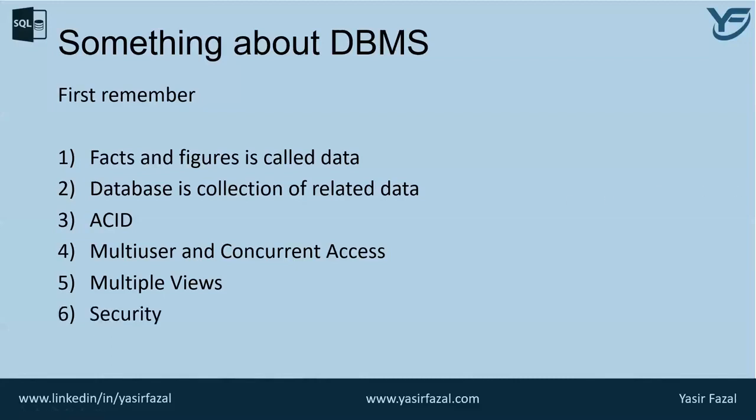The last one is security. Features like multiple views offer security to some extent, where users are unable to access data of other users and departments. DBMS offers methods to impose constraints while entering data into the database and retrieving it at a later stage. DBMS offers many different levels of security features, which enable multiple users to have different views with different features.